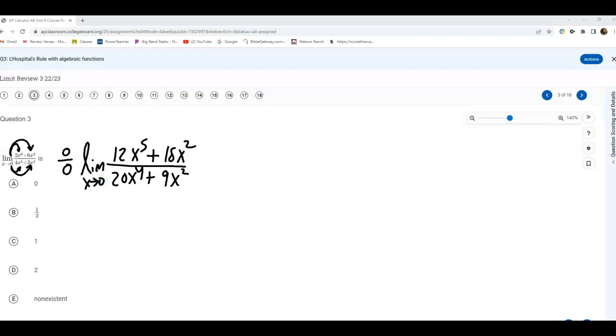Still going to be 0 over 0. I got to keep doing that until it doesn't occur anymore. So if I take the derivative again, that would be 60x to the 4th plus 36x over 80x cubed plus 18x. Still would get 0 over 0 if I plugged in 0. So I'm going to do a derivative again.